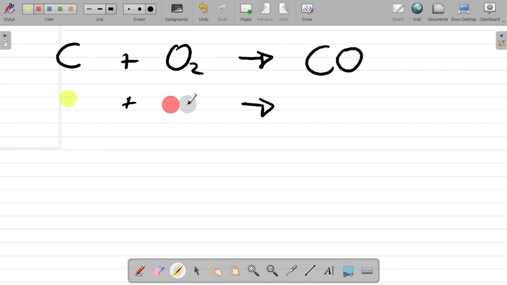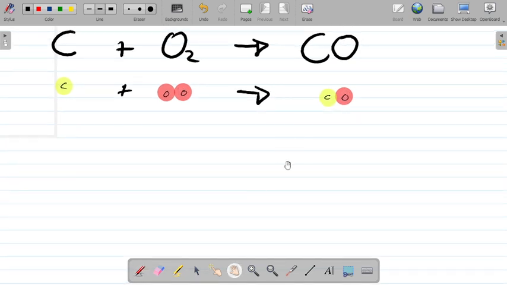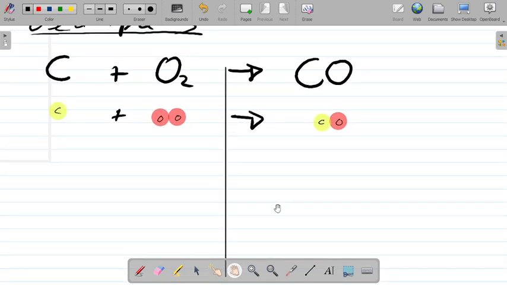So we have two oxygens bonded together, and then it gives us one carbon and one oxygen bonded together. So basically this is our carbon, O2, and then carbon and oxygen. So this is carbon monoxide, right? For the last time, let's just separate them so that you can see.